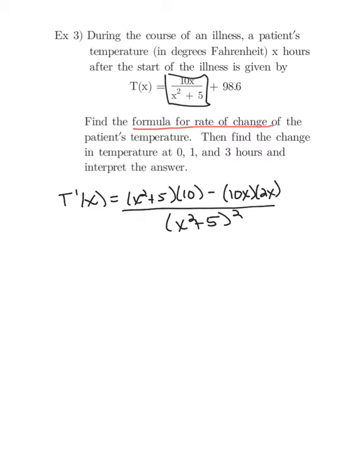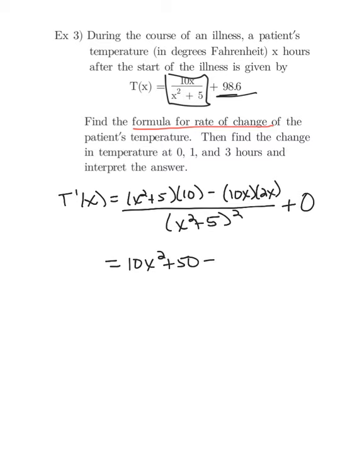So this is the derivative of this part. But notice we have another term here. We have plus 98.6. Well, that's just a constant. What's the derivative of a constant? It is 0. Let's clean this up. If we take 10 times x squared plus 5, we will get 10x squared plus 50.